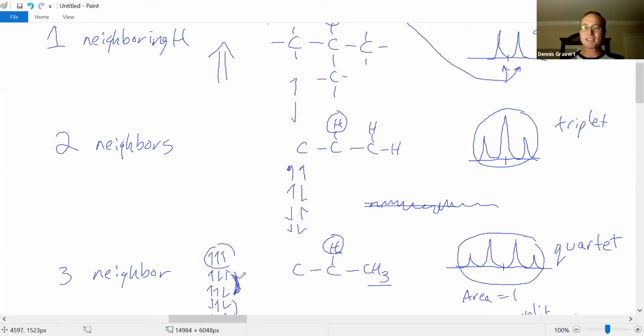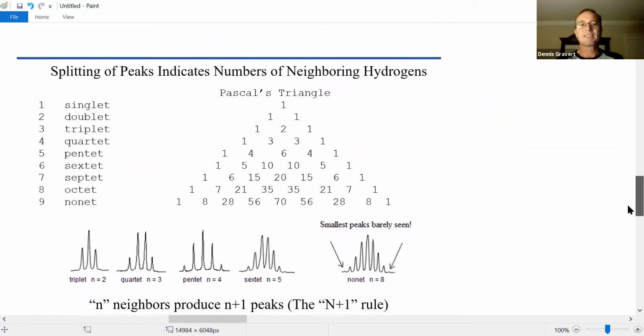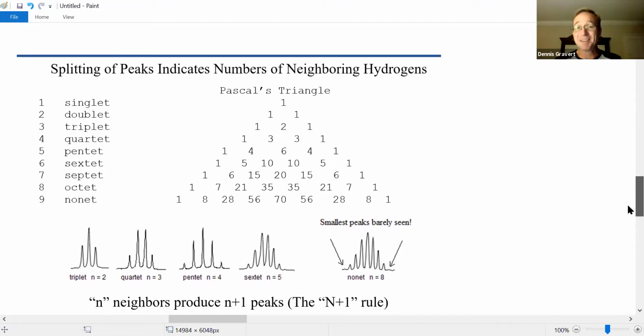And then we have these 6 possibilities, but a couple of them are the same. So you have a ratio of 1 to 2 to 2 to 1. That's Pascal's triangle. It's just interesting, not on the exam, but it's just how we can mathematically predict the size of those split areas. And here's some examples down here.